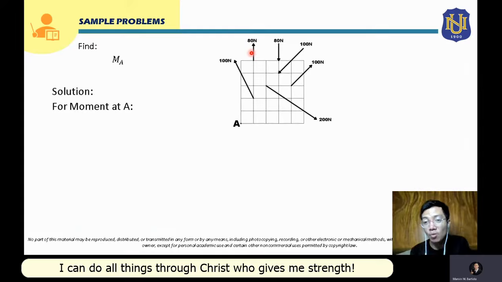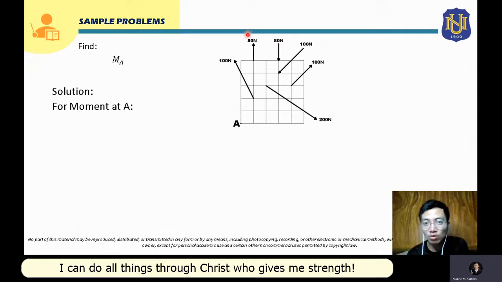In example 1, the resultant of our system was a couple, but in this system we have components that are couples. These two 80 Newton forces are a couple, right? Because they satisfy the conditions: they are parallel, non-collinear, both 80 Newton, meaning equal magnitude, and oppositely directed.